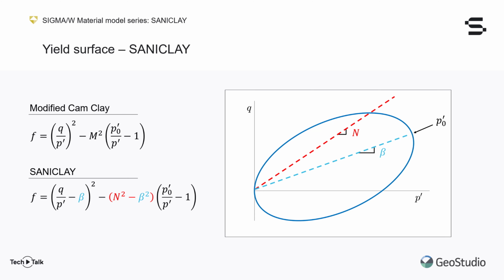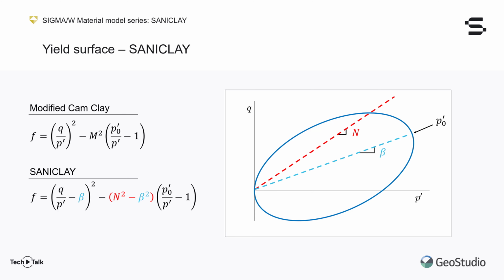As you can see from comparing both equations on screen, if beta is set to 0, which would lay the yield surface flat on the horizontal axis, and if n is set equal to modified Cam-Clay's M, SANICLAY's yield surface equation becomes exactly equal to modified Cam-Clay's.